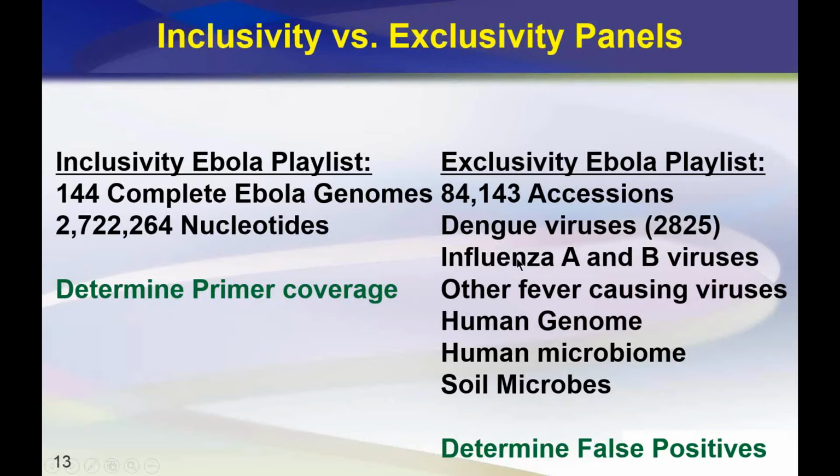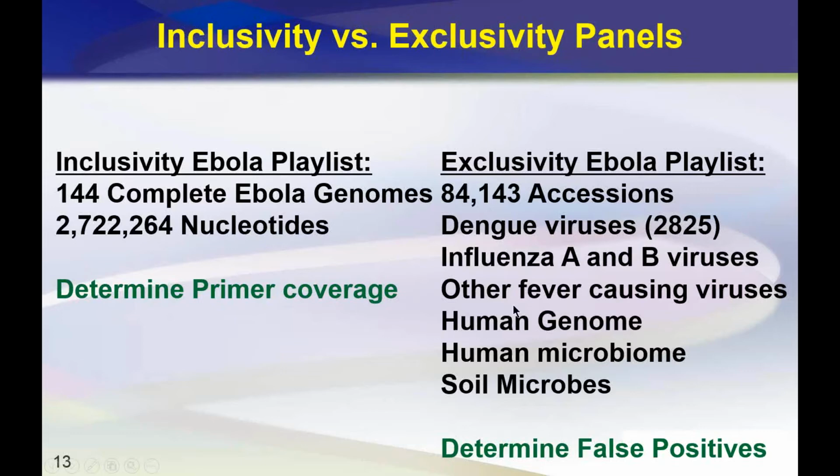Many patients who present in the clinic with what looks like Ebola symptoms, influenza A symptoms look quite similar. So we would want to make sure that whatever primers we design don't hit influenza A or B or other fever-causing viruses like Marburg or Lassa fever or any of the other ones.